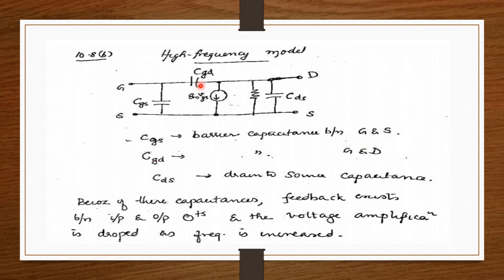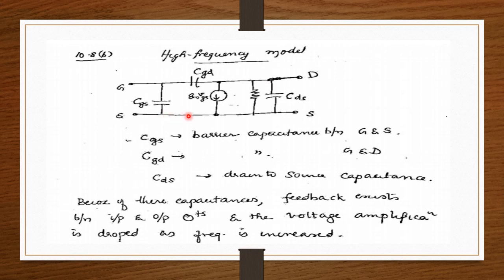CGD is the barrier capacitance between gate and drain. And here is the CDS, which is the barrier capacitance between drain and source. Because of these capacitances, feedback exists between input and output circuits.